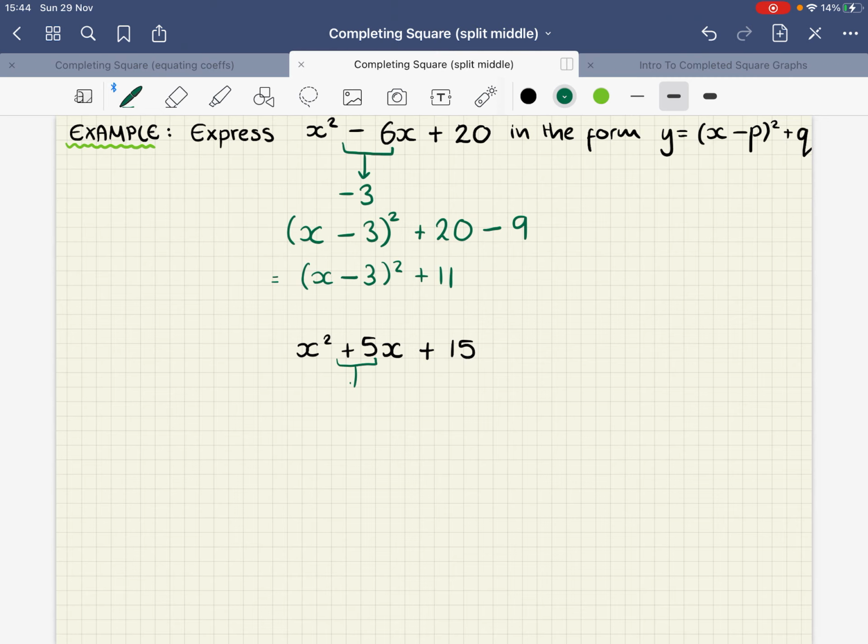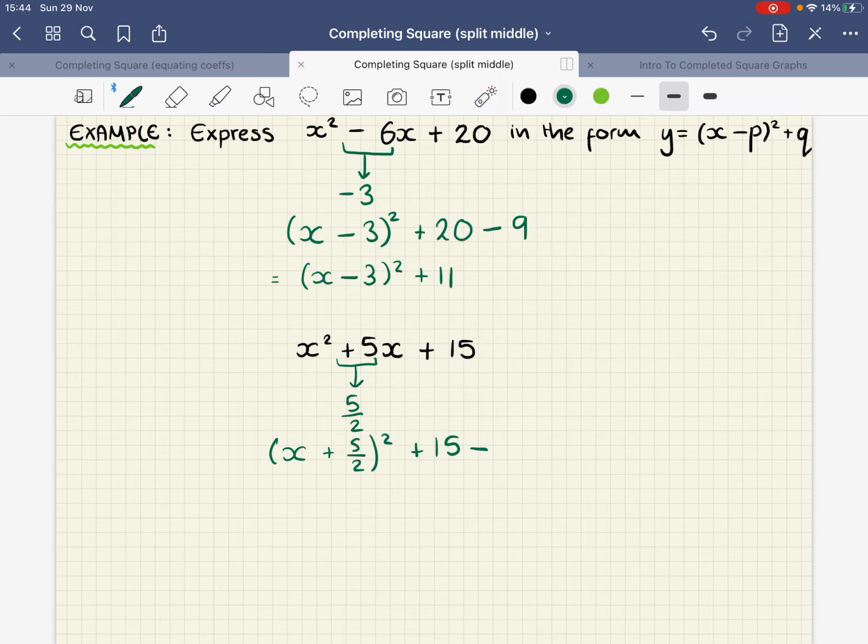When halving that, I'm going to end up with 5/2. Putting that in the bracket, I'm going to have x plus that 5/2 squared plus the 15. And I've got to take away this number squared here.